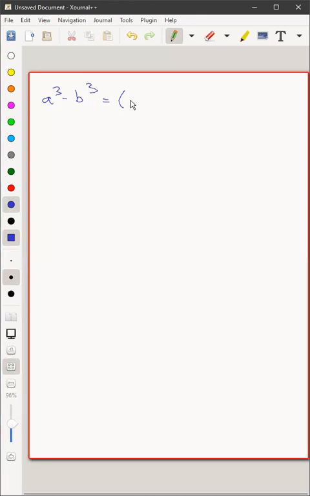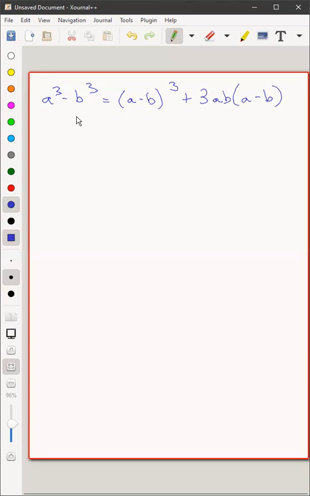Ananya, what's the identity? A minus B whole cube plus 3AB multiplied by A plus B. A plus B or A minus B? A cube minus B cube will be A minus B. Sorry, I copied it wrong.